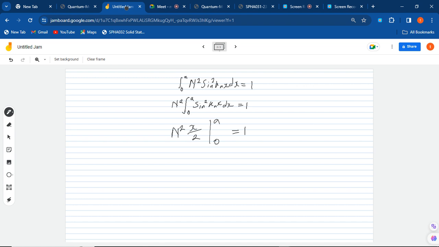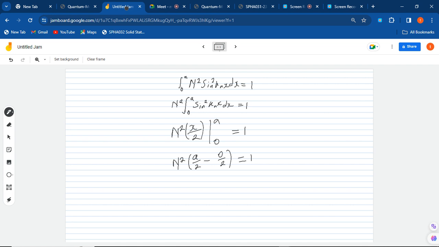And then from here, you will have n squared into, where there is x, you put a over 2, minus, where there is x, you put 0, equal to 1.